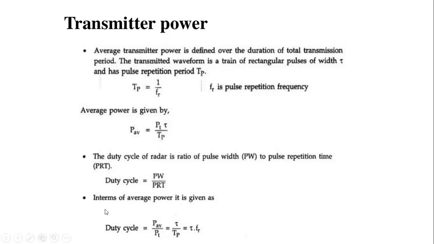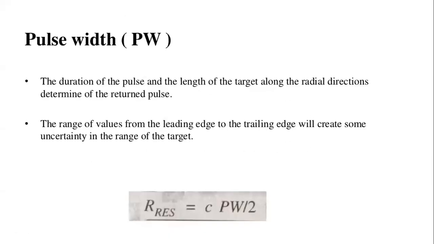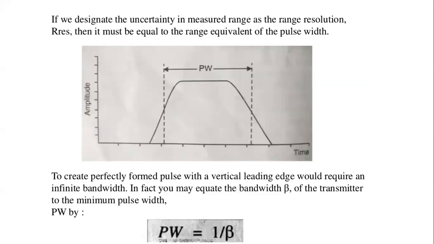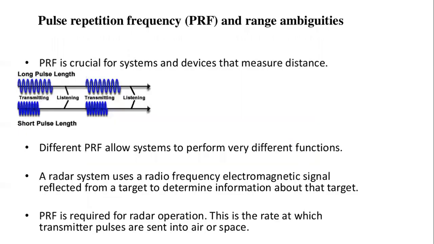So the formula that we'll be using here is duty cycle is pulse width by pulse repetition frequency. With that, we can find out pulse width. Now here, pulse width will give us the idea of what kind of frequency we are using, how far the target is, what the PRF should be, and what bandwidth is required.